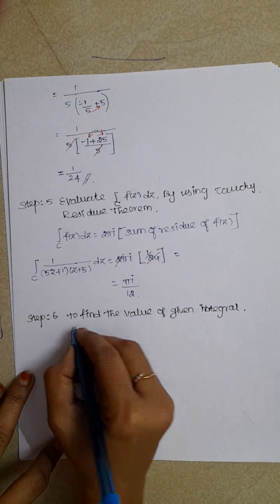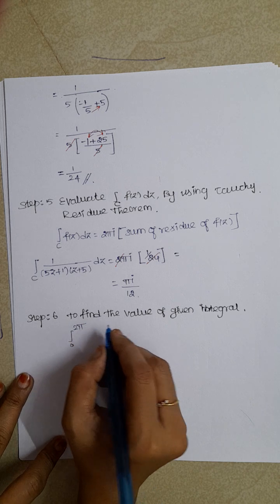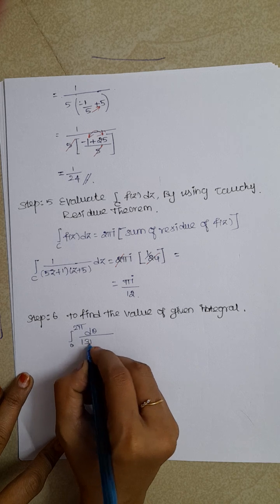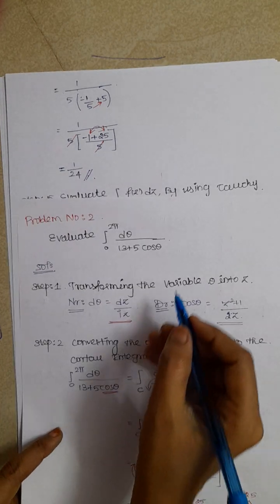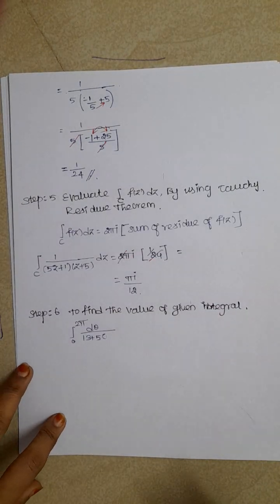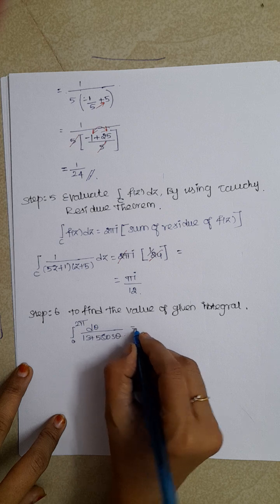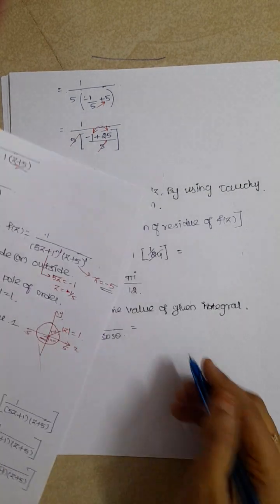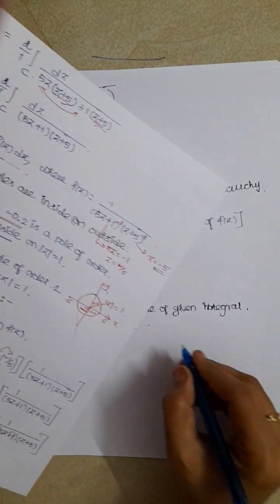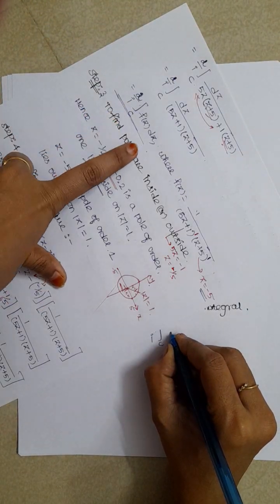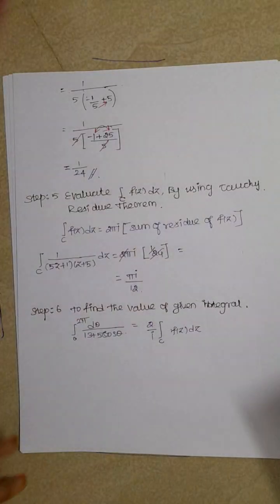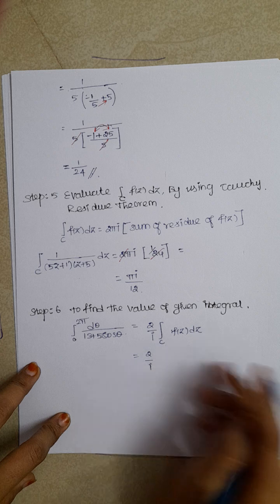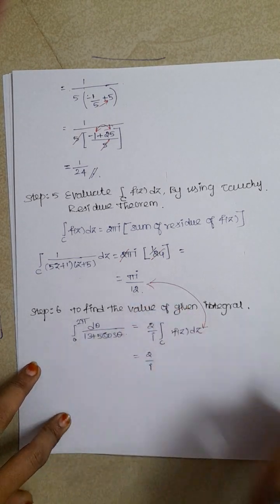The given integral is the integral over 0 to 2 pi of d theta divided by 13 plus 5 cos theta, which is equal to 2 by i times the integral over C of f of z dz.